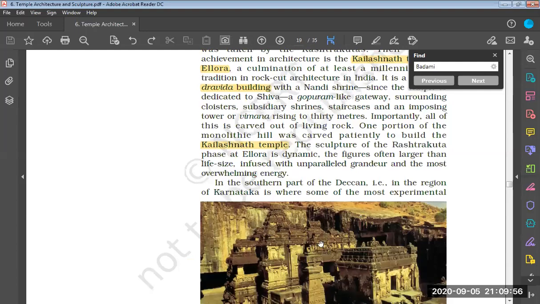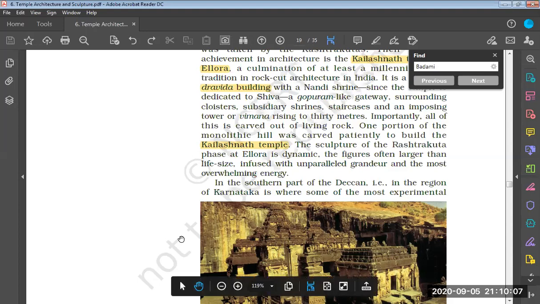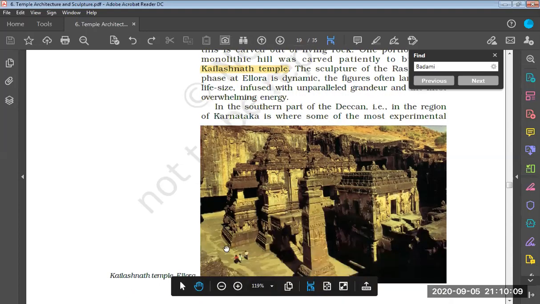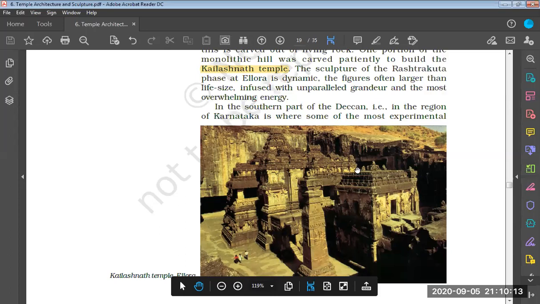Let us read this paragraph from here itself, in the southern part of Deccan. We will just read one paragraph. In the southern part of Deccan, that is the region of Karnataka, is where some of the most experimental hybrids of Vesara architecture are to be found.